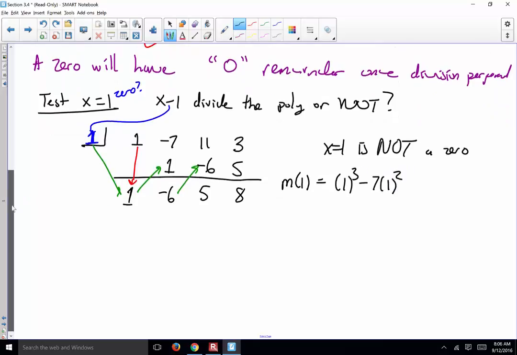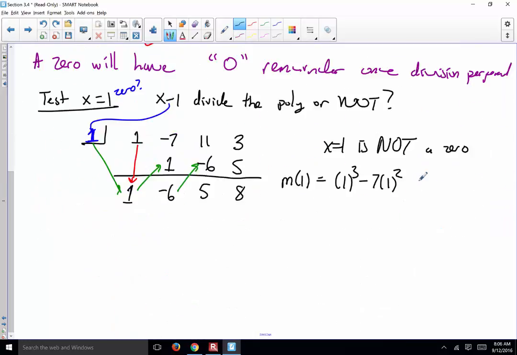I just want to double check. And then 11 times 1 plus 3. And this thing is 14 minus 7 plus 1, which is 8. As you see, we got the same thing. So 1 is not a 0 again. Same conclusion. Okay? Got it?